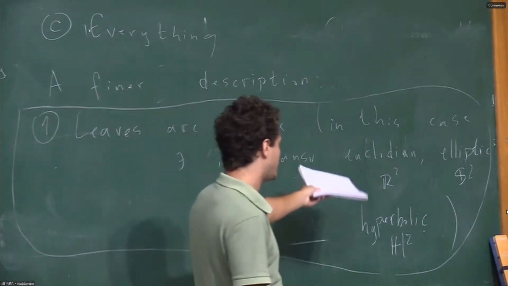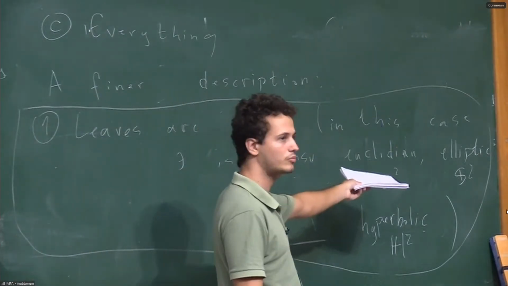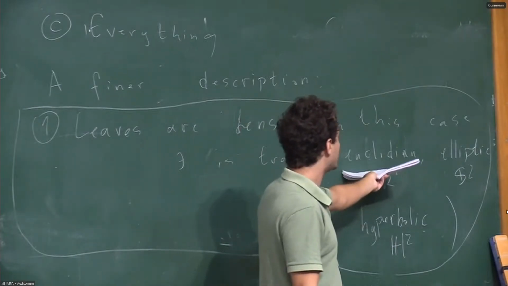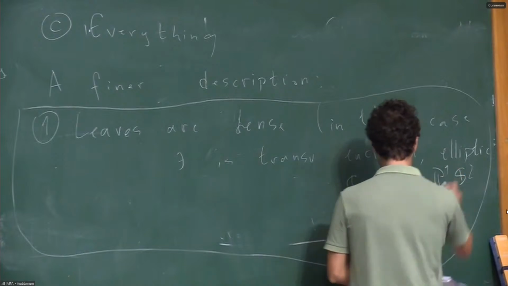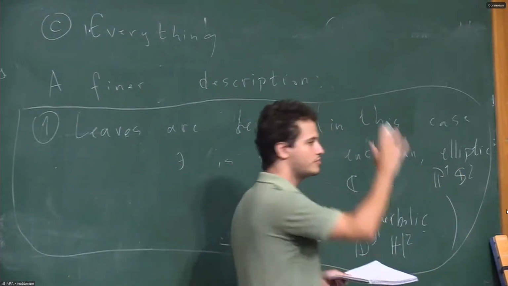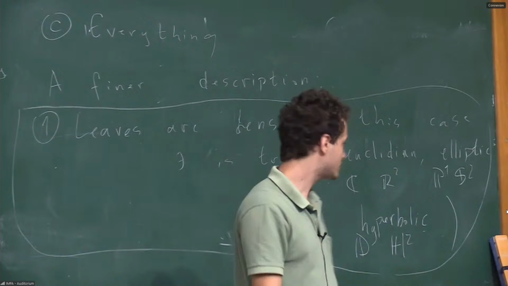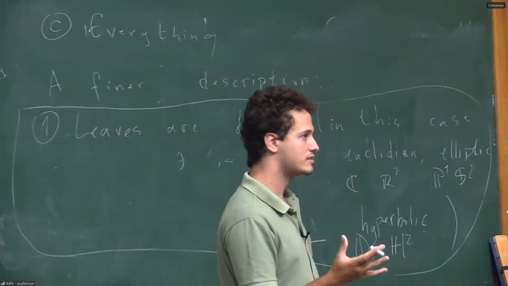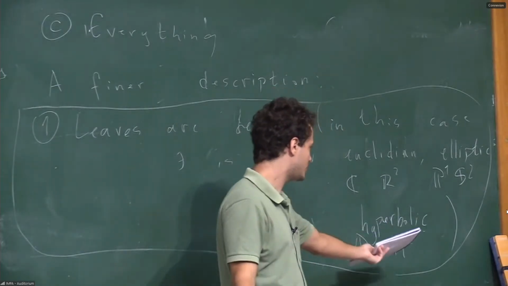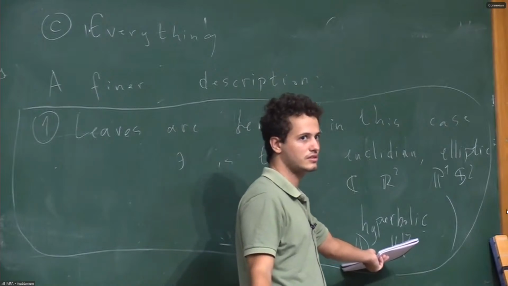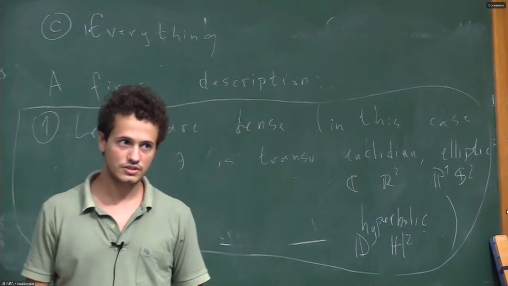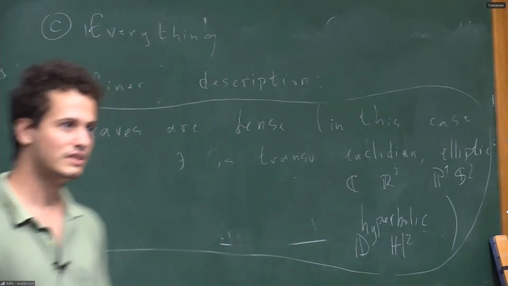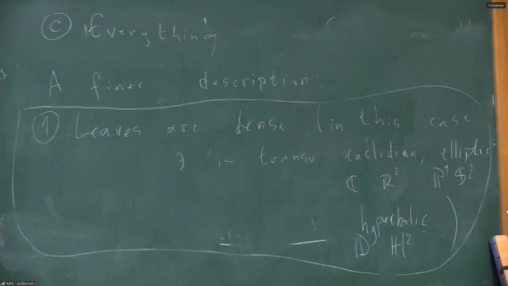And so the base will be a complex curve. In this case, it's C or P1 or D. And this metric will descend to the base. Since it has negative curvature, the only possibility is that it's the disk. So the foliation is transversely hyperbolic, and this is what I wanted to show.